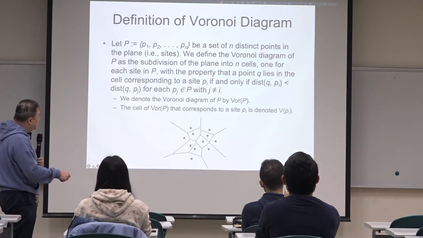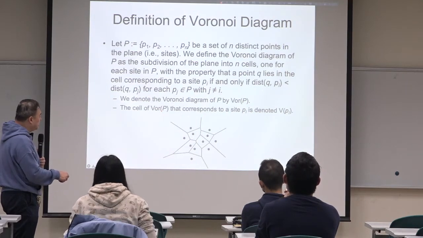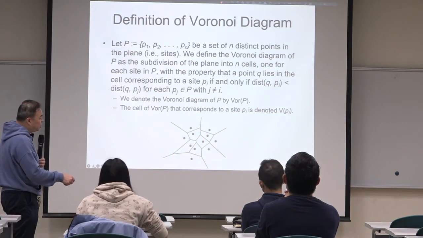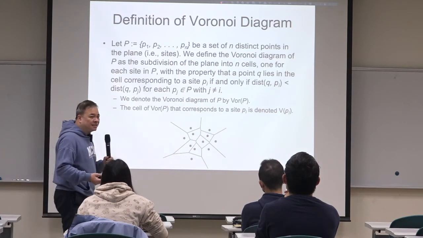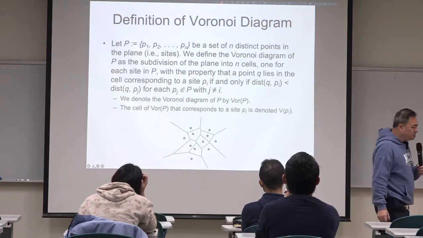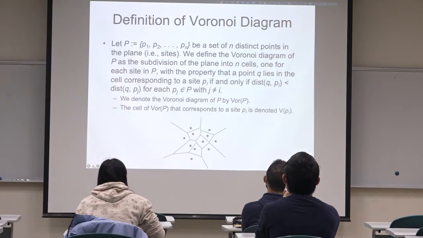If we call this set of sites P, then Vor(P) will be this Voronoi diagram. And the cell for Vor(P) that corresponds to a particular site Pi, we call V(Pi). This is just for ease of discussion. So you need to understand these notations so that we have an easier way to represent certain concepts.